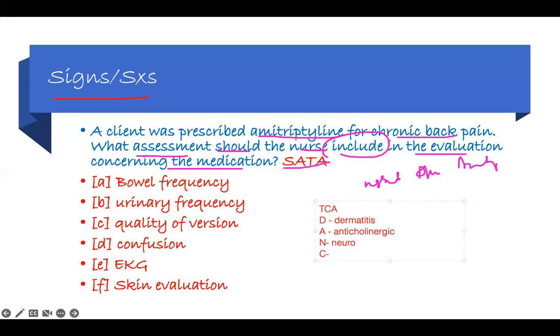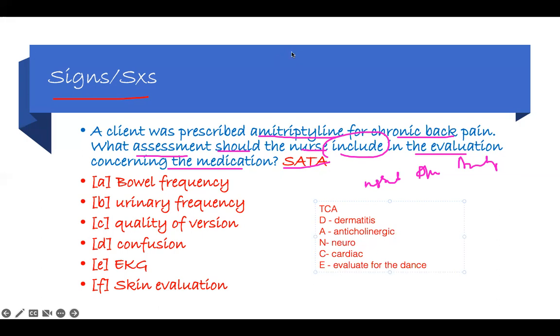And the C is cardiac. That's the way I remember TCA. So you got to do the TCA dance so that you can remember the side effects. And the E is evaluate for the dance. It's the dance, DANC. So they have skin lesion, anticholinergic, and neuro and cardiac and evaluation.